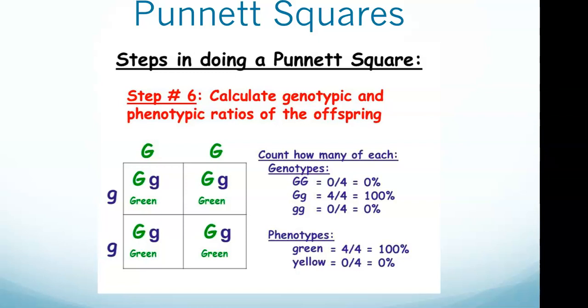So a classic example is parents who both have brown eyes with heterozygous genotypes, right? When we say heterozygous genotypes, that would mean there's 1 dominant and 1 recessive, and that would be expressed as capital B and then lowercase b. In this case, we need to know that brown eyes are dominant over blue eyes, and usually the question would be, what is the probability that these 2 are going to have a blue-eyed child?